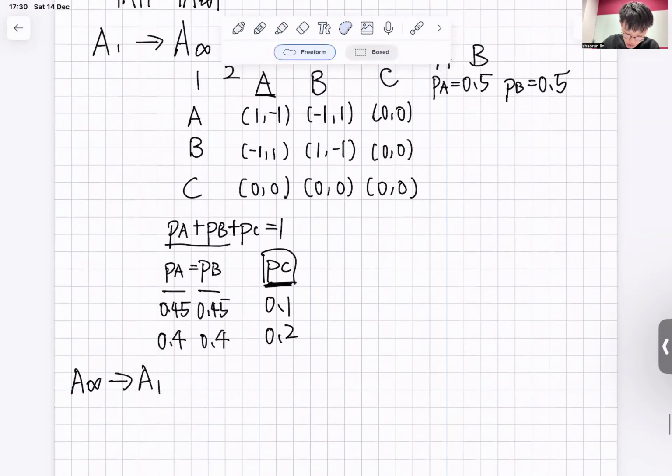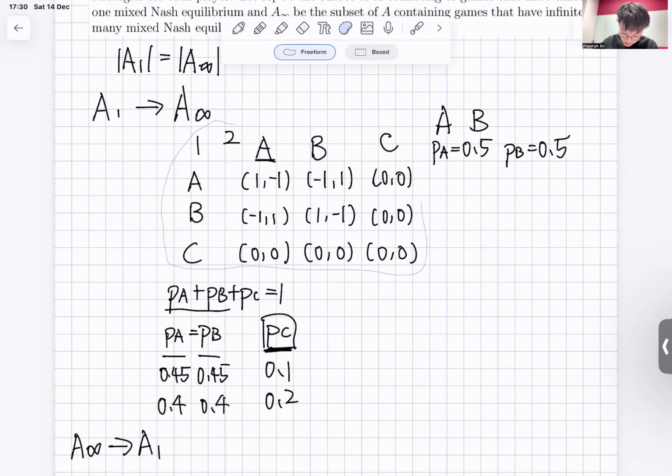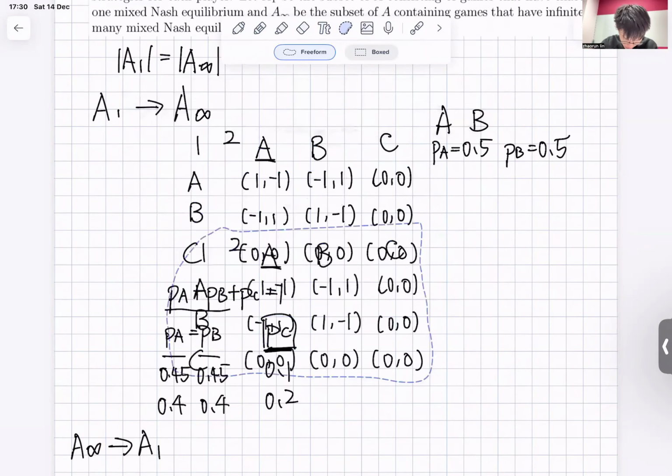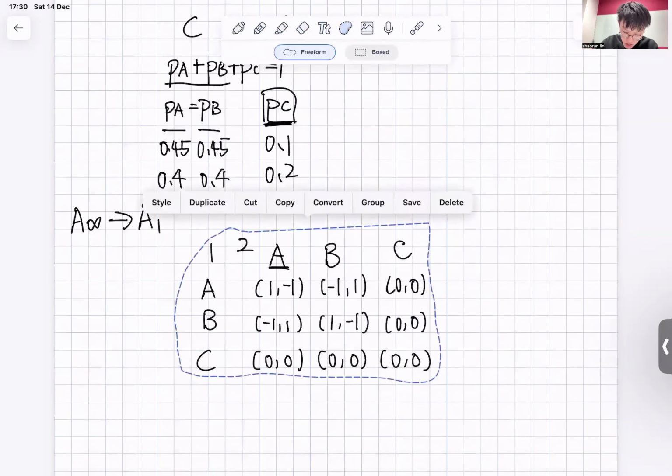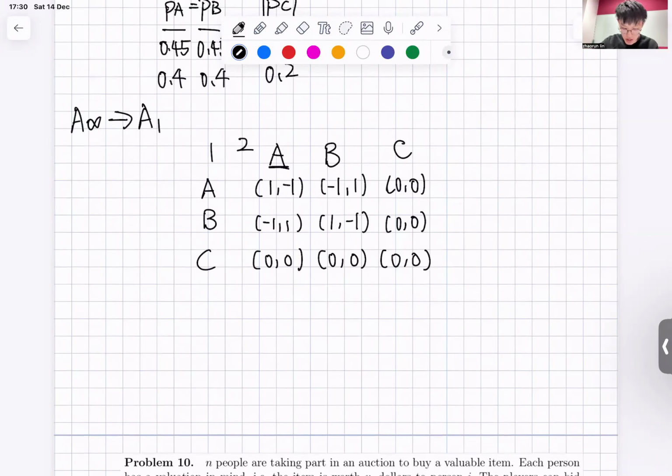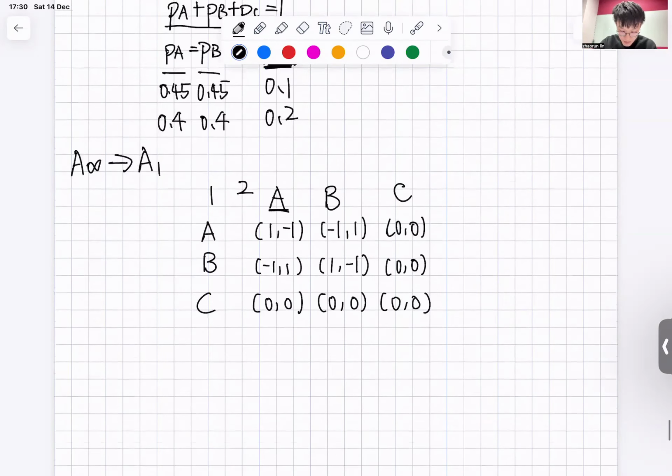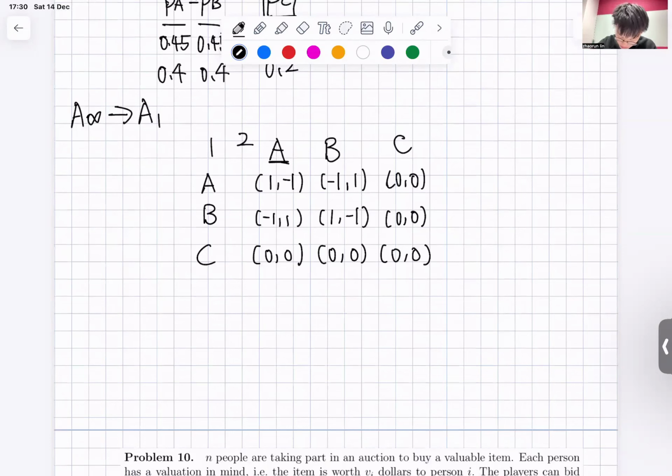So here we can use this game, because this game now has infinitely many mixed Nash equilibria, right? Because we just transformed it to have infinitely many. So we add one more strategy for both players that has a payoff higher than the largest payoff existing in this original game.